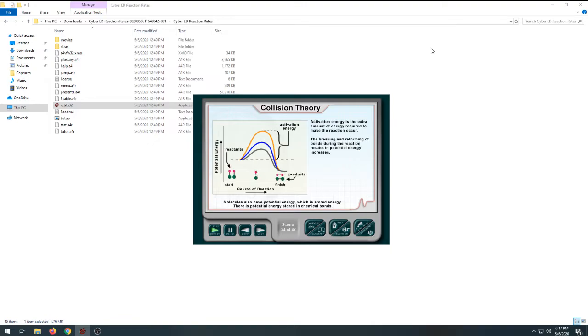Bonds are being broken and reformed during the course of the reaction, which results in potential energy increasing until it reaches a peak, which is the activation energy. When molecules collide with sufficient kinetic energy, existing bonds can be broken, allowing the formation of new bonds. Each reaction has a characteristic activation energy, and higher activation energies act to make reaction rates slower, as you will see in the next scene.